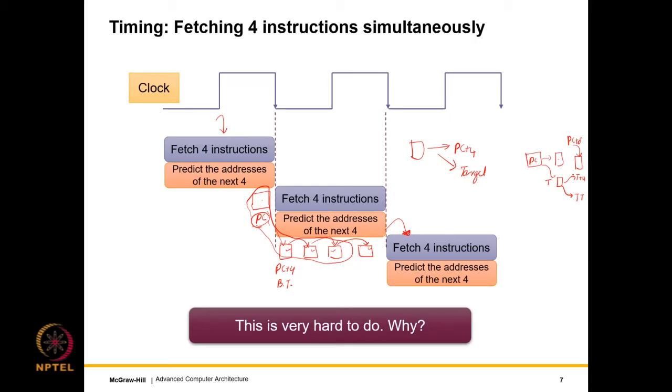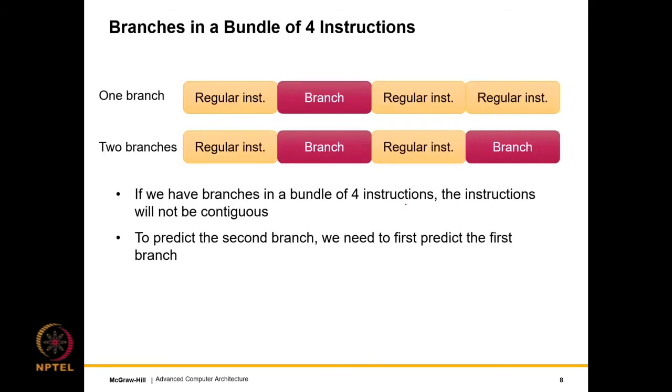This is why it's called a multi-way branch when we are predicting branches for a bundle of more than one instruction, and this is clearly complicated. This complexity is shown in this slide: if we have a bundle of 4 instructions with one branch, this is relatively easy to predict.